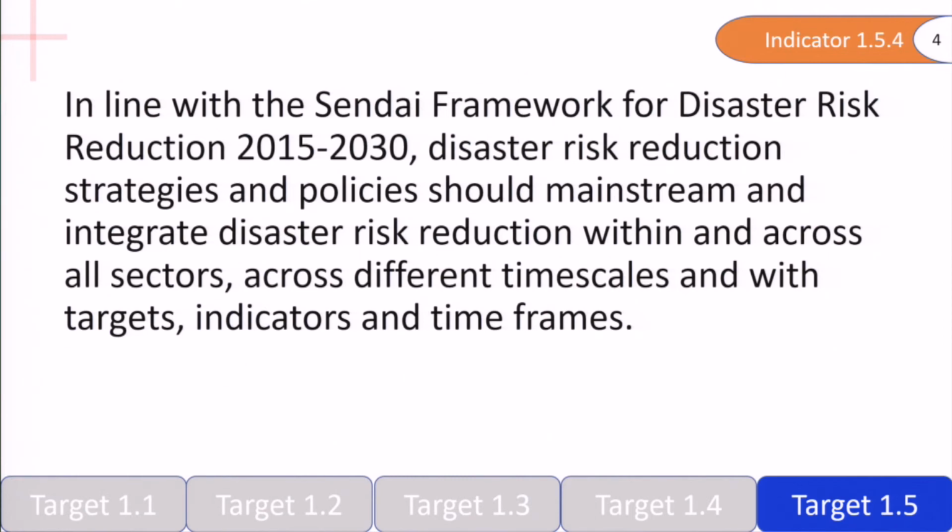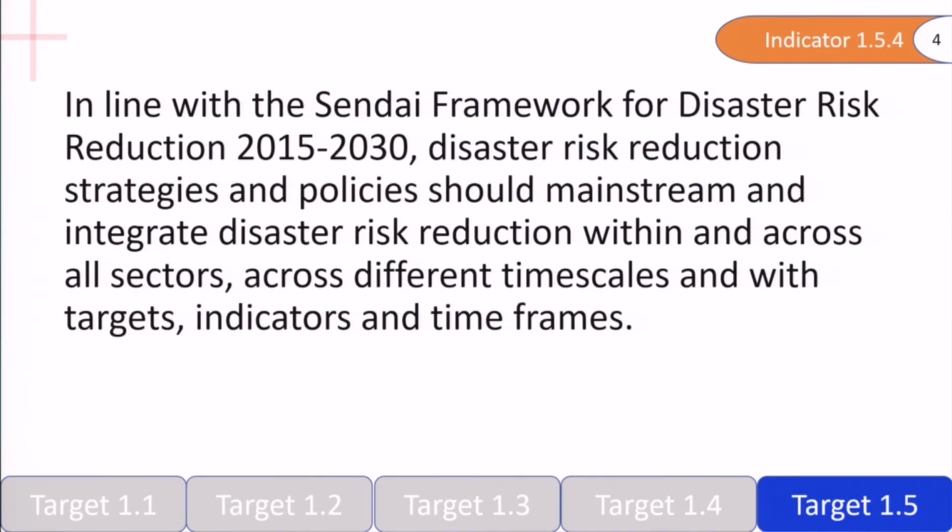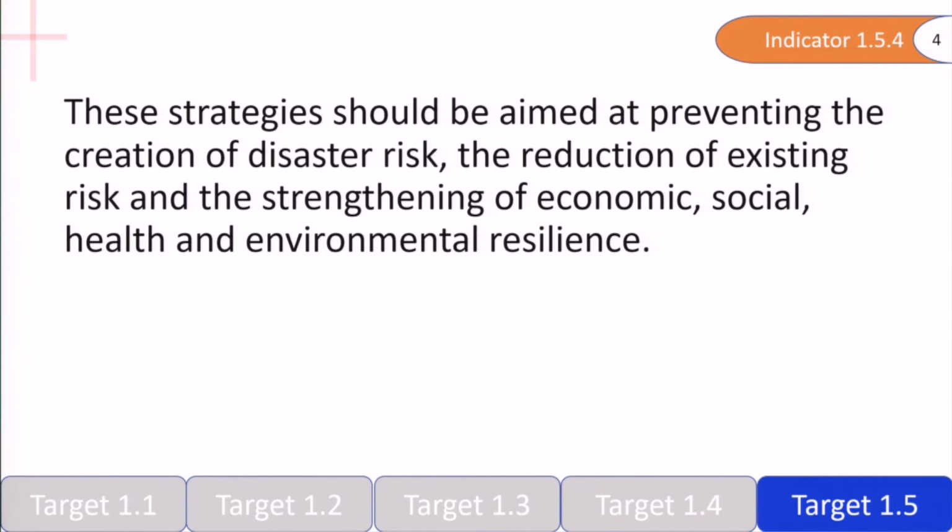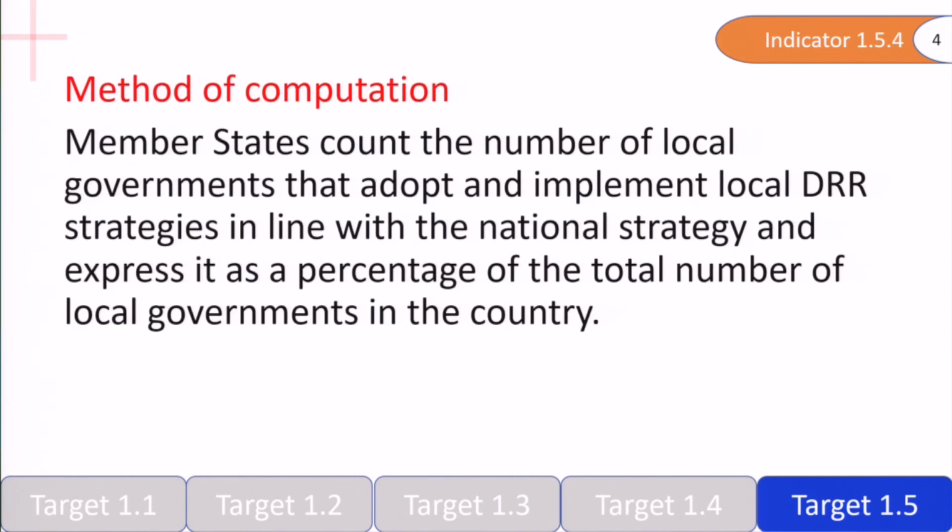The indicators are across countries and can be deployed at the national as well as the local level. These strategies are aimed at preventing the creation of disaster risk, reducing existing risk, and strengthening economic, social, health and environmental resilience. Based on these objectives, the indicators have framed many measures, and it can be computed at the local level as well as the national level. Country-wise we can calculate.